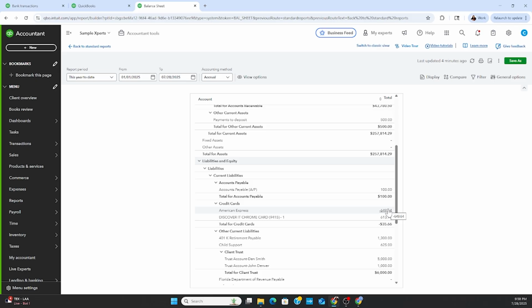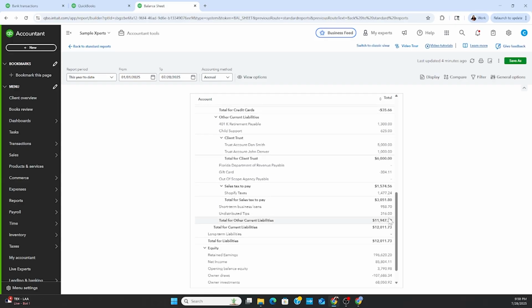If that's the case, you want to make sure that you record that interest expense. You can record it using a journal entry, and you're going to debit interest expense and credit the loan account or the mortgage account so that you can increase the liability or record that liability properly.